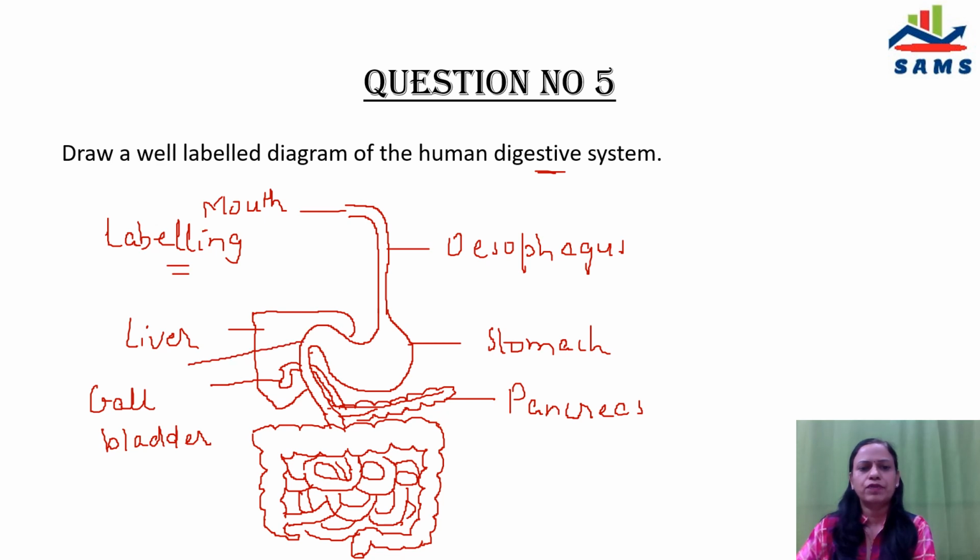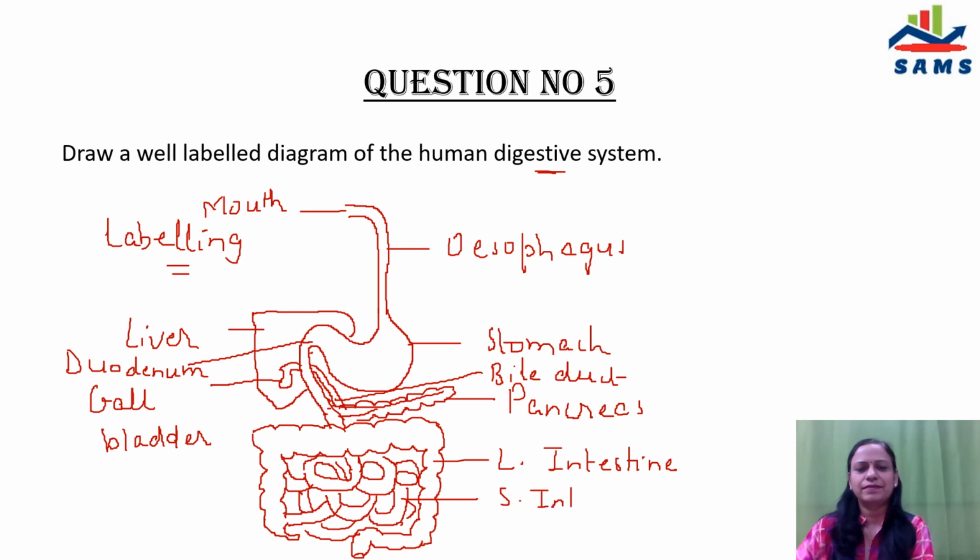It could be marked somewhere over here. Then this is the bile duct. Large intestine. I'm writing it in short. Please don't do that in the exam. Then the small intestine. Then we have the rectum and the anus.